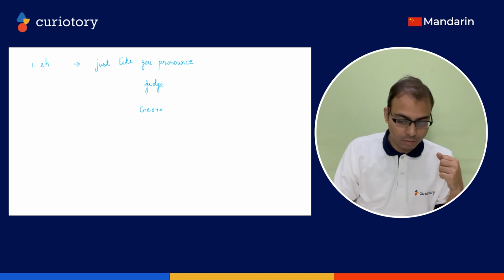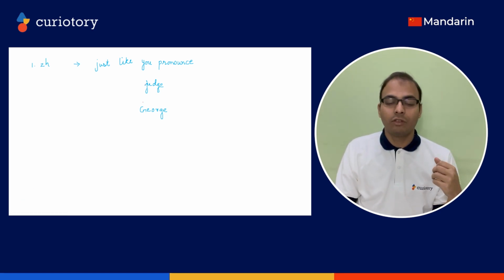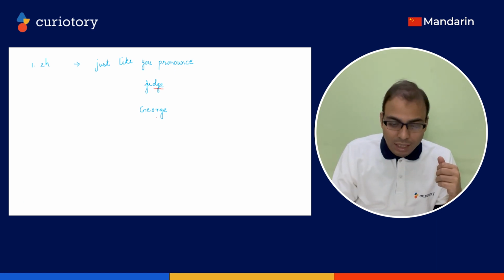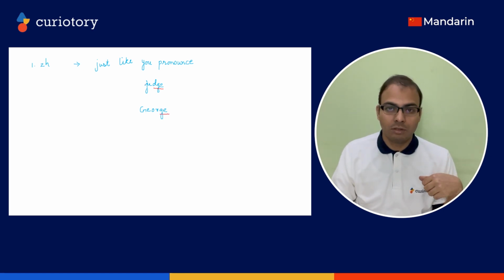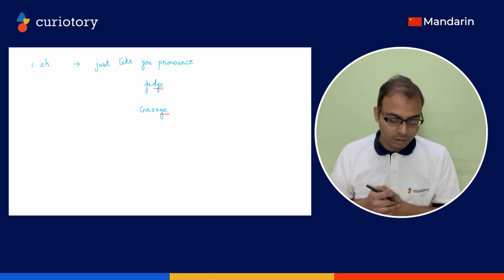Okay, how to pronounce ZH? We have to pronounce ZH just like we pronounce the DGE part of judge or GE part of George. Okay, J, isn't it?